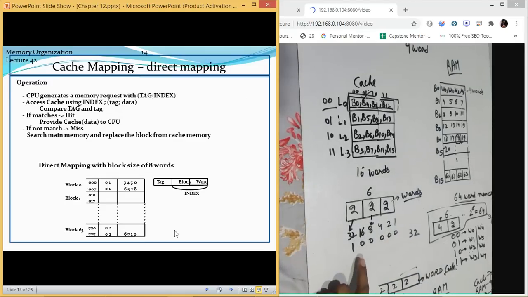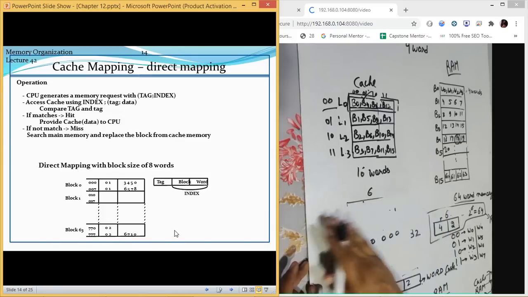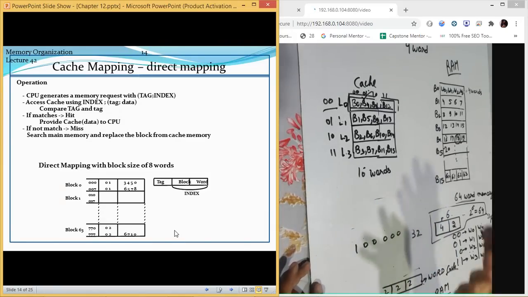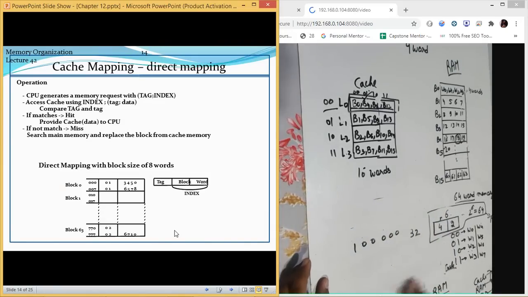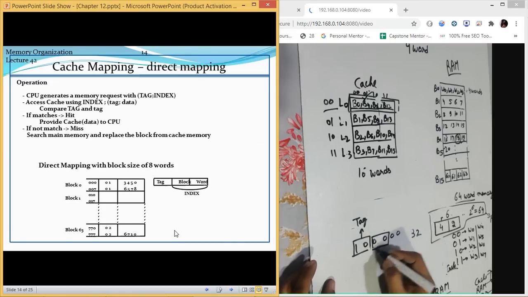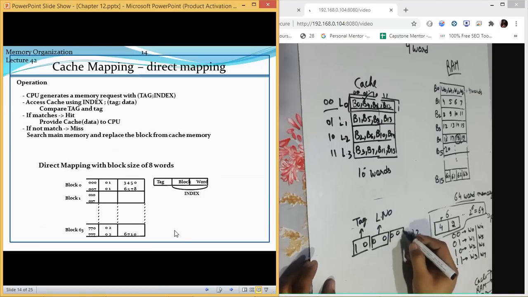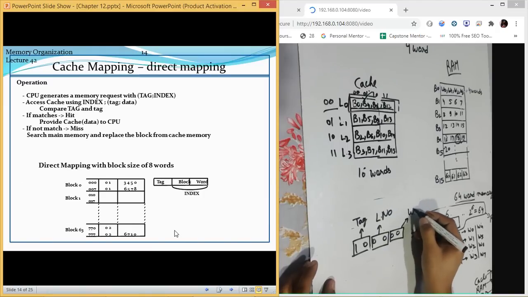Now, if you want to search this address inside the cache, then how will this search be done? This search will be done by considering these two bits as tag, these two bits as line number, and these two bits as word.